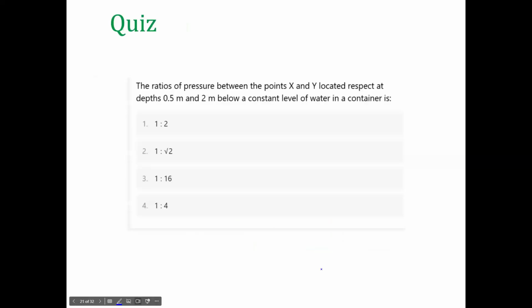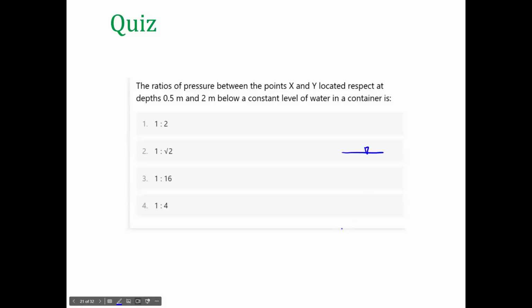This one is easy. I think you can handle it. The ratio of pressure between points X and Y located at depths of 0.5 and 2 below a constant water level is which one?